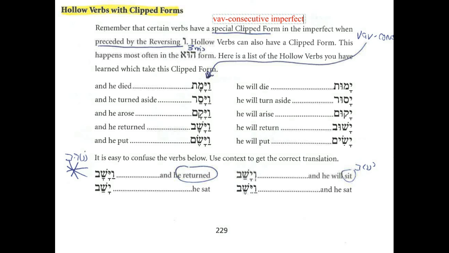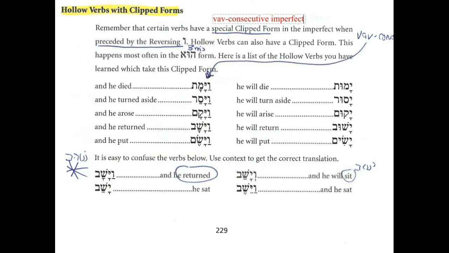Now this is because the vav on the beginning of the verb form draws the accent or the tone and causes the word to shorten, and as a result of its shortening, that middle vowel letter is lost. So the simple imperfect form of mut is yamut, and when we get the vav consecutive, vayamat. Yasur, vayasar. Yakum, vayakam. Yashuv, vayashav. Yasim, vayasem.